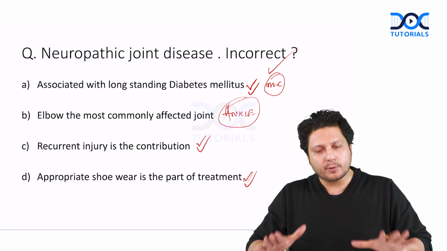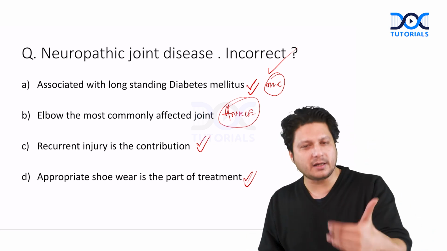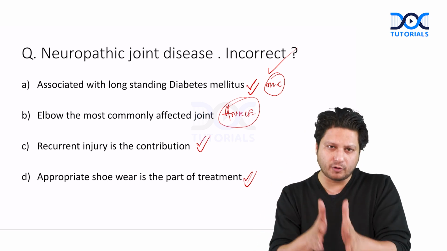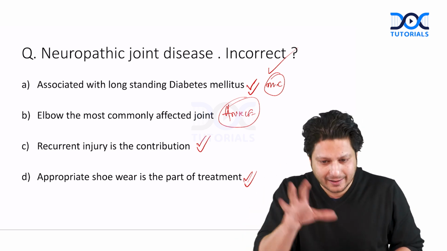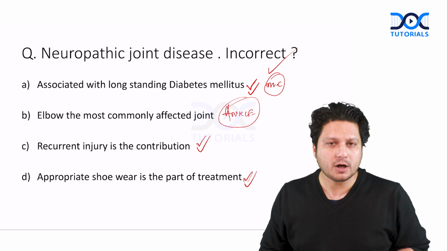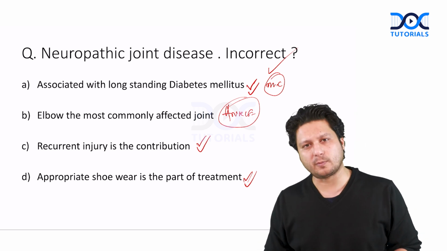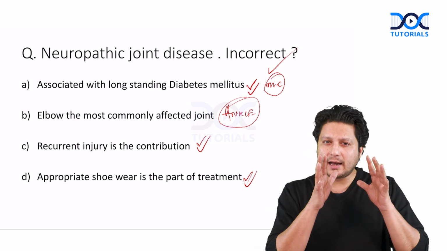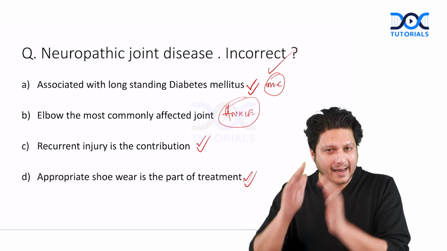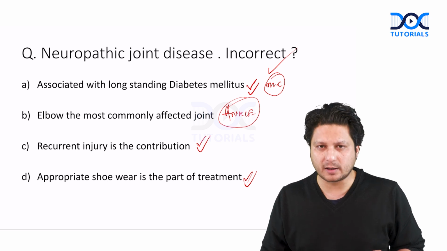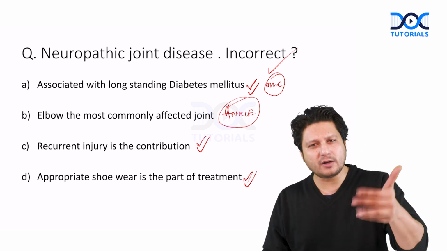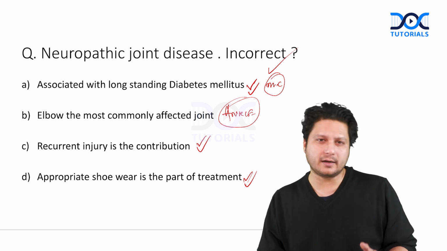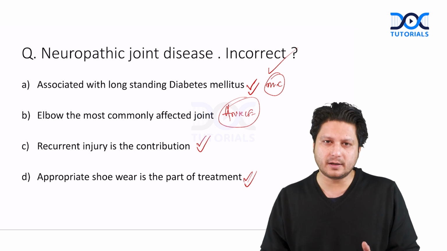You know, appropriate shoe wear is considered very, very important in order to prevent this foot from getting further degenerations in the earlier stages of the management of neuropathic joint disease or Charcot arthropathy. All right. So if you look at this question, you will find that it is not the elbow, rather ankle, the most common site to be affected by this neuropathic joint disease, which is very commonly seen in case of long-standing chronic diabetic patients. All right.